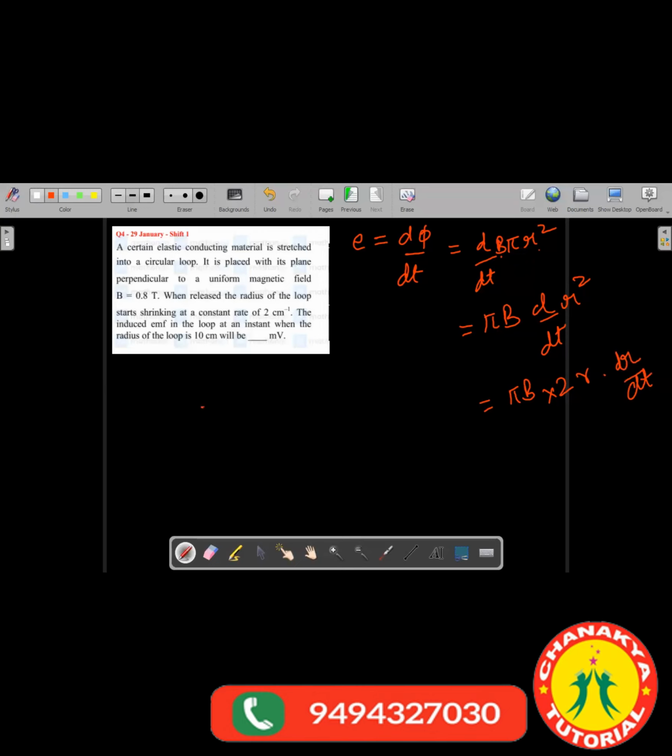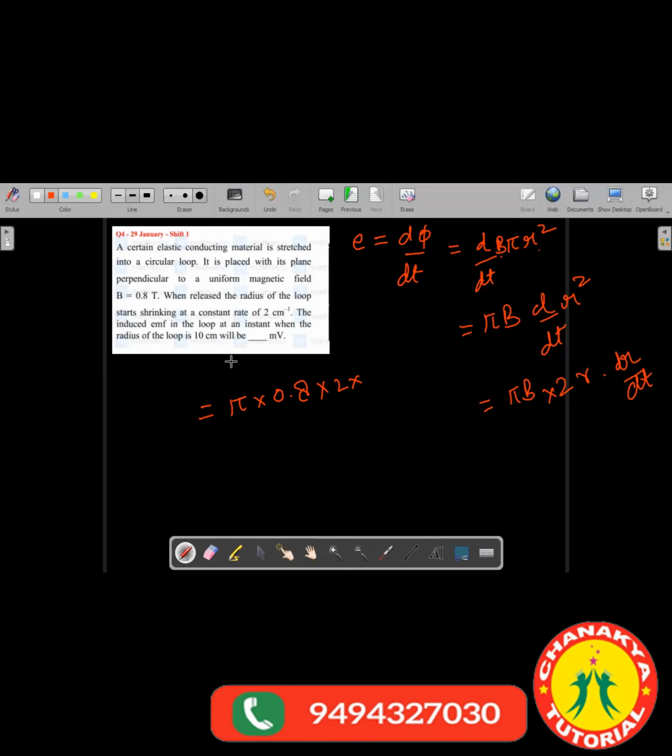Now we can put the values: pi multiplied by B, which is 0.8, multiplied by 2, multiplied by r. The induced EMF is required in the loop at an instant when the radius of the loop is 10 centimeter.